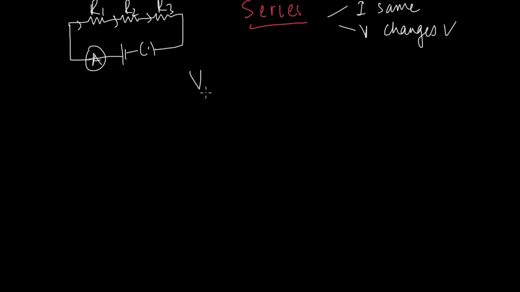So the voltage on the three will be the sum of individual voltages across the resistors. So V series will be V1 plus V2 plus V3, that is the voltages across each of the resistors. Well, we are aware of this sweet little formula, V is equal to IR. This is the Ohm's law.